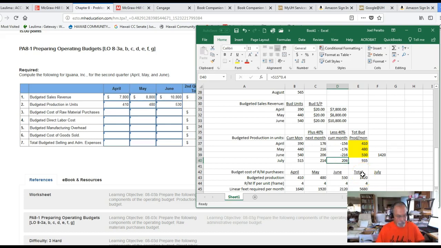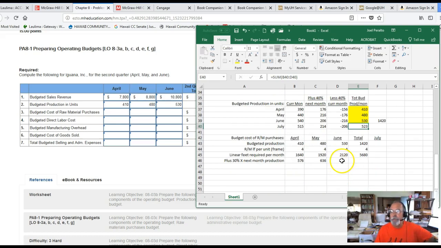I did the same error here. I need to use a minus sign. Okay. So July budgeted production is 523. So our plus 30% of next month's production, this needs to be, let's see, I'm using D45.